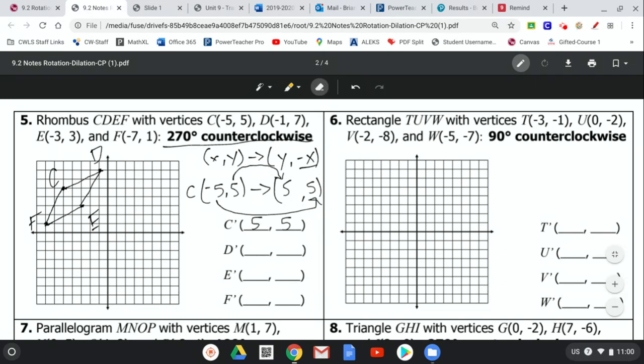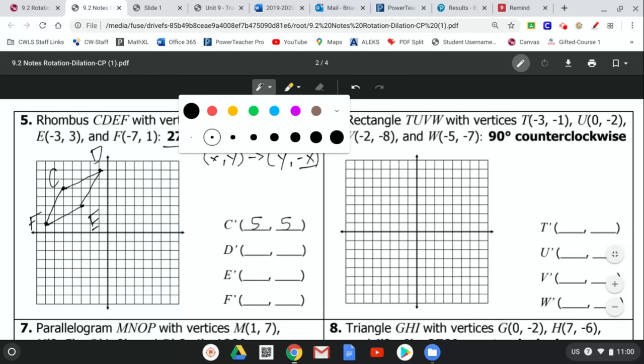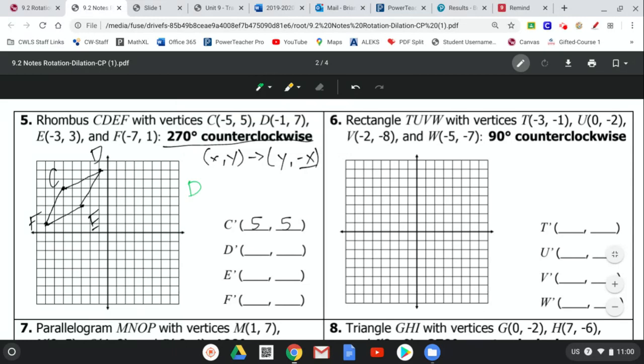All right. So now if we move on to the next one, which is D. D is at -1, 7. So when that changes, we make that 7, put that first, and then that -1 changes the sign and becomes a +1. Okay.